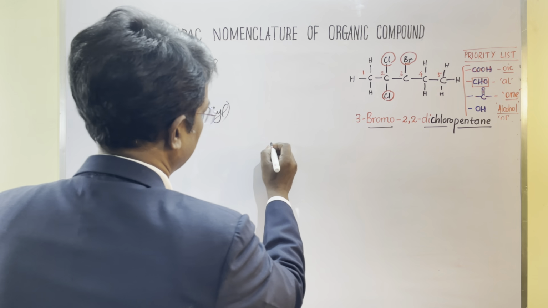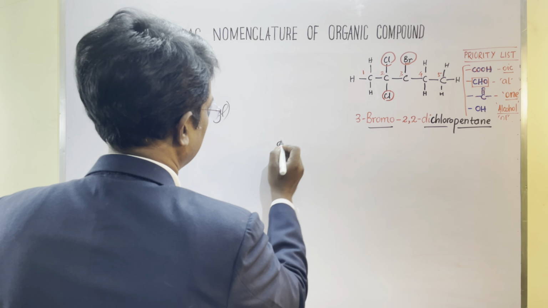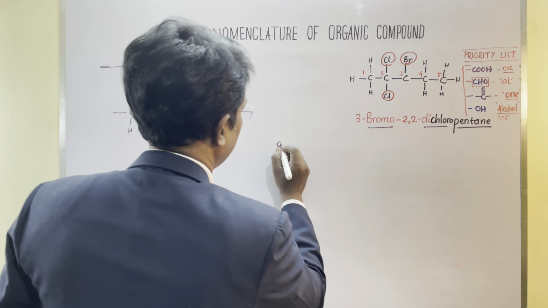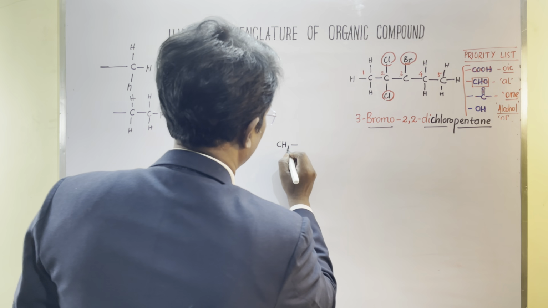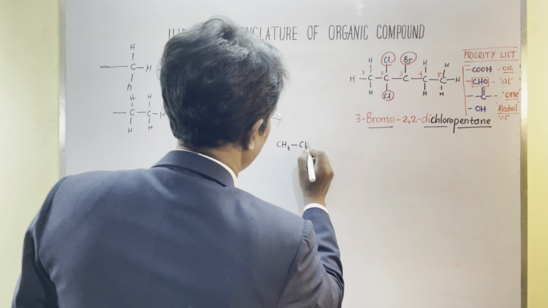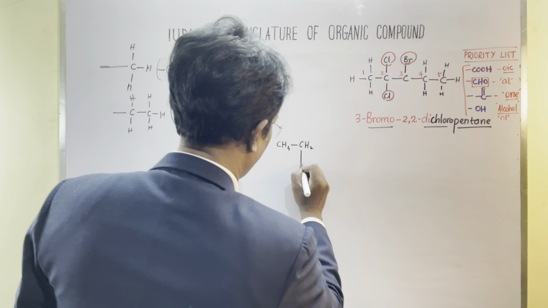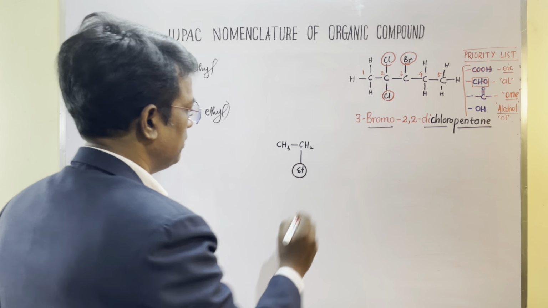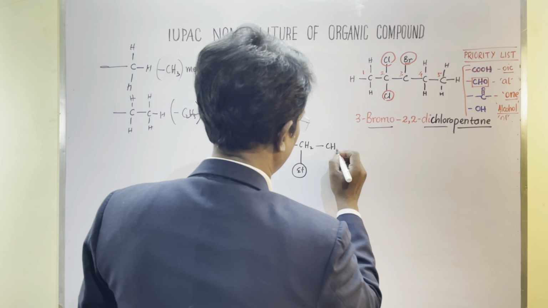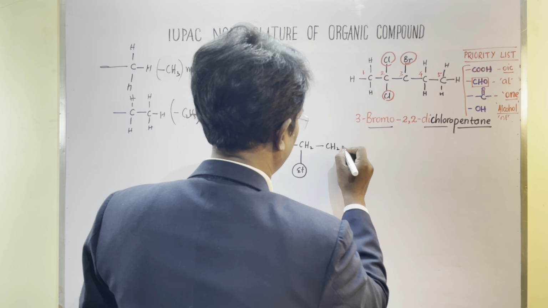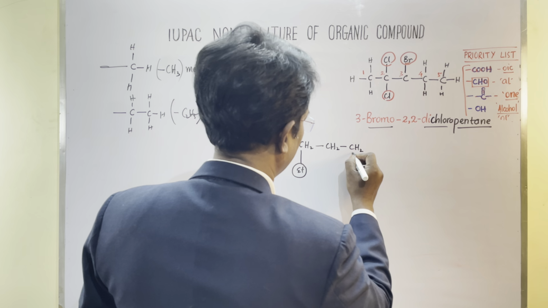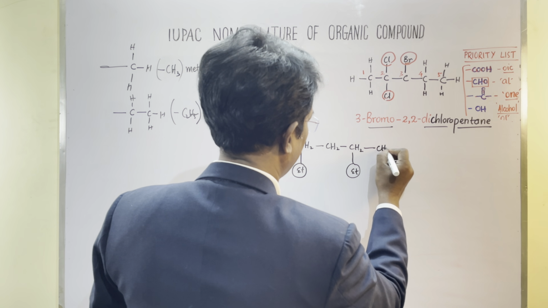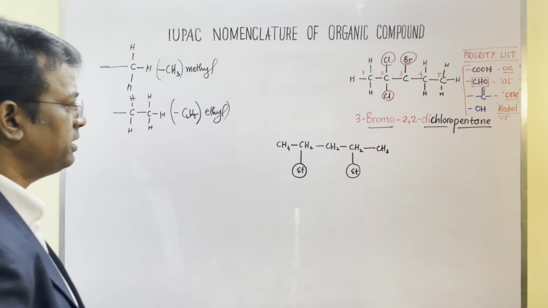I will use the shortened formula CH3, CH2, one here. Then suppose I am attaching an ethyl group here, CH2, CH2, ethyl group, and CH3. What will be the name of it?